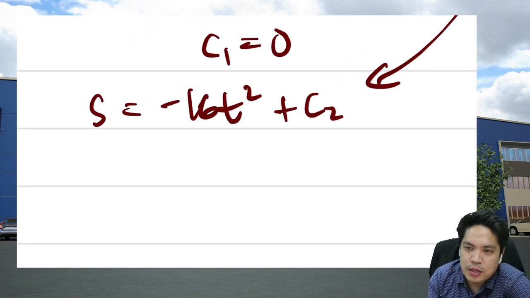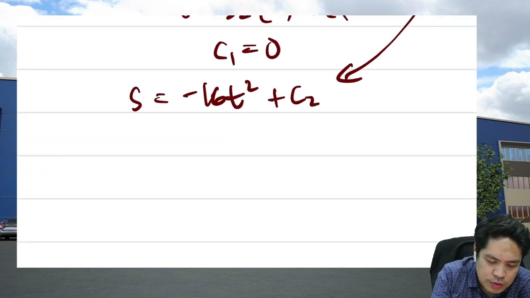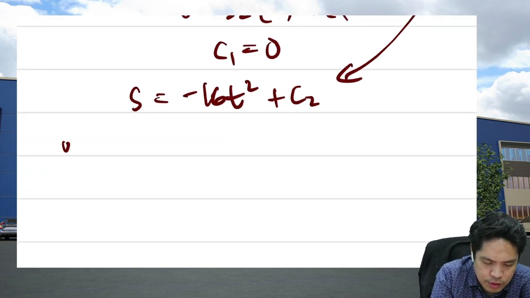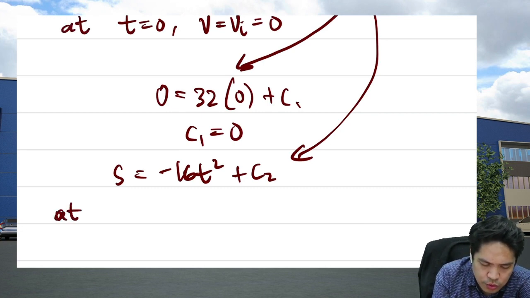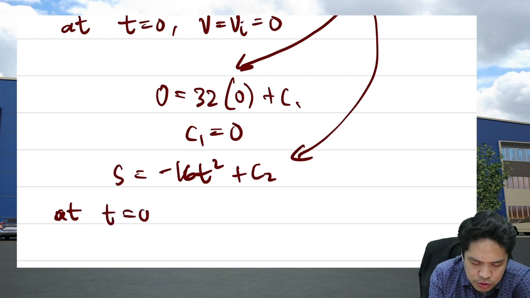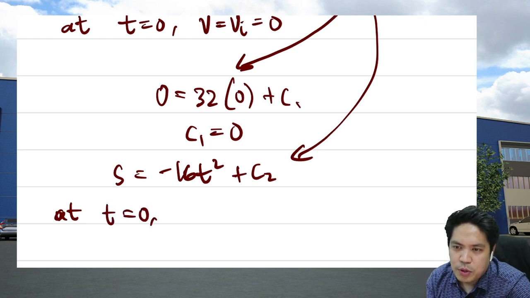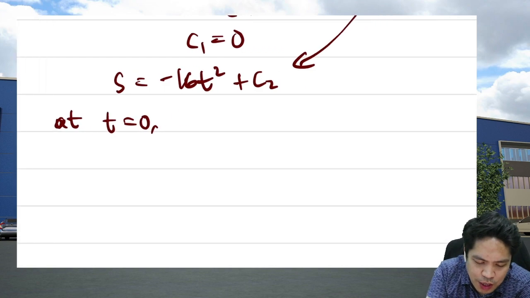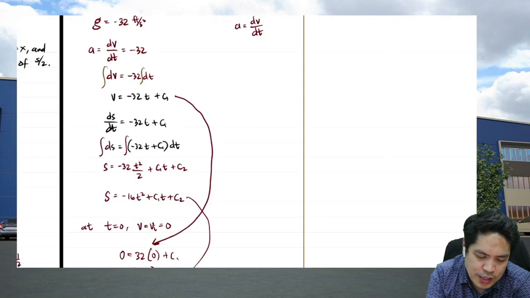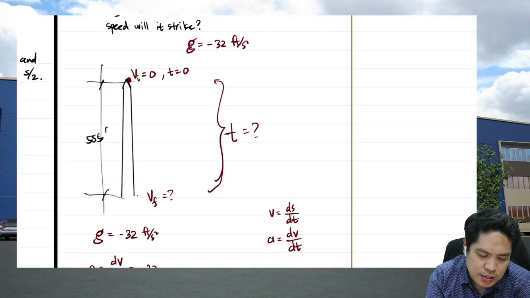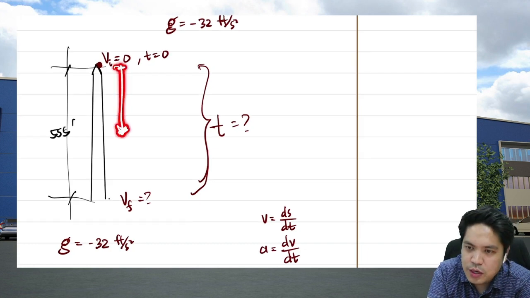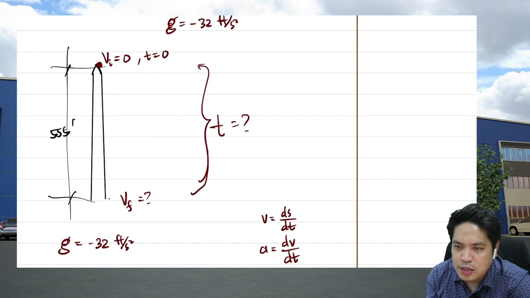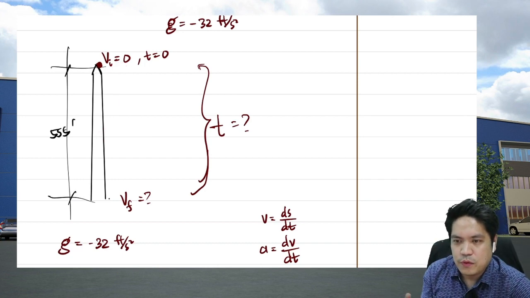So if c1 is 0, this equation will become negative 16t squared plus c2, eliminating c1. Now, again, at time equal to 0, meaning at the initial point, of course, we have no distance covered yet. The s here is the distance, the distance covered from here to a certain value, or generally, the distance traveled by a free-falling object.